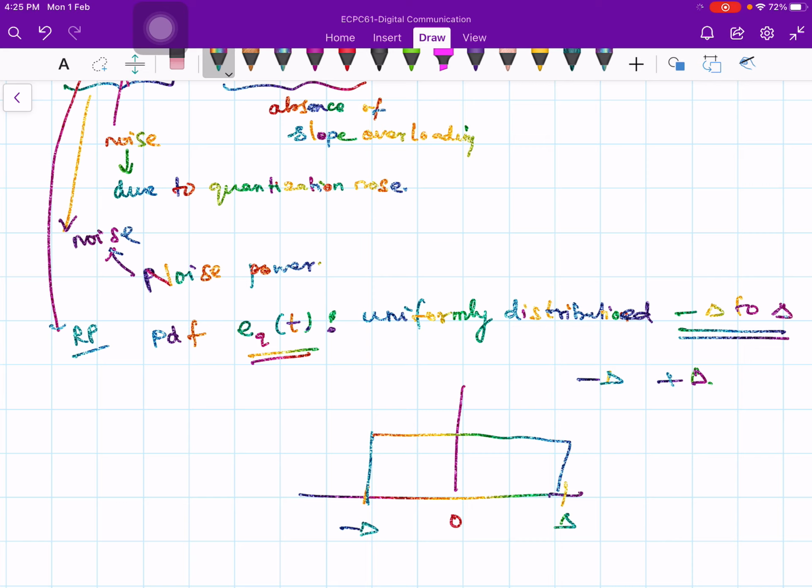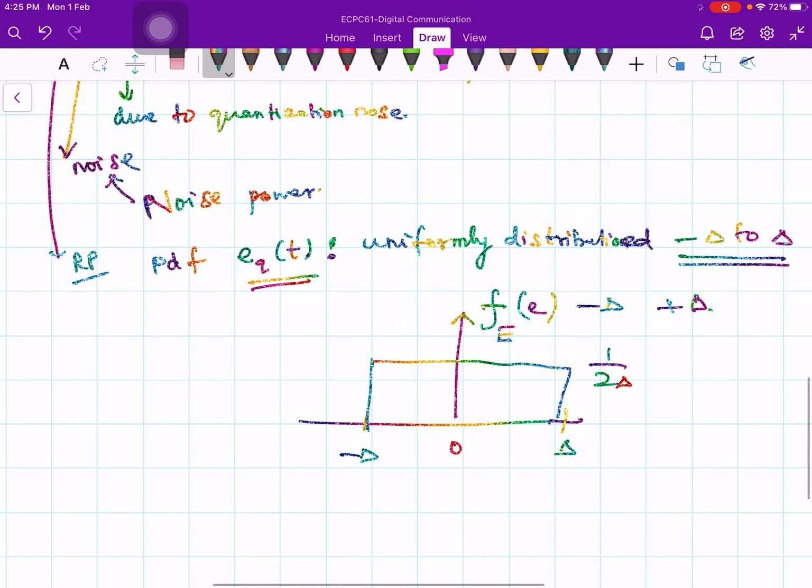So this height will be 1 over 2 delta, such that the area must be 1. This is the PDF, let's say f_E(e). Therefore the total area is 1. So it is uniformly distributed in the range of minus delta to plus delta.